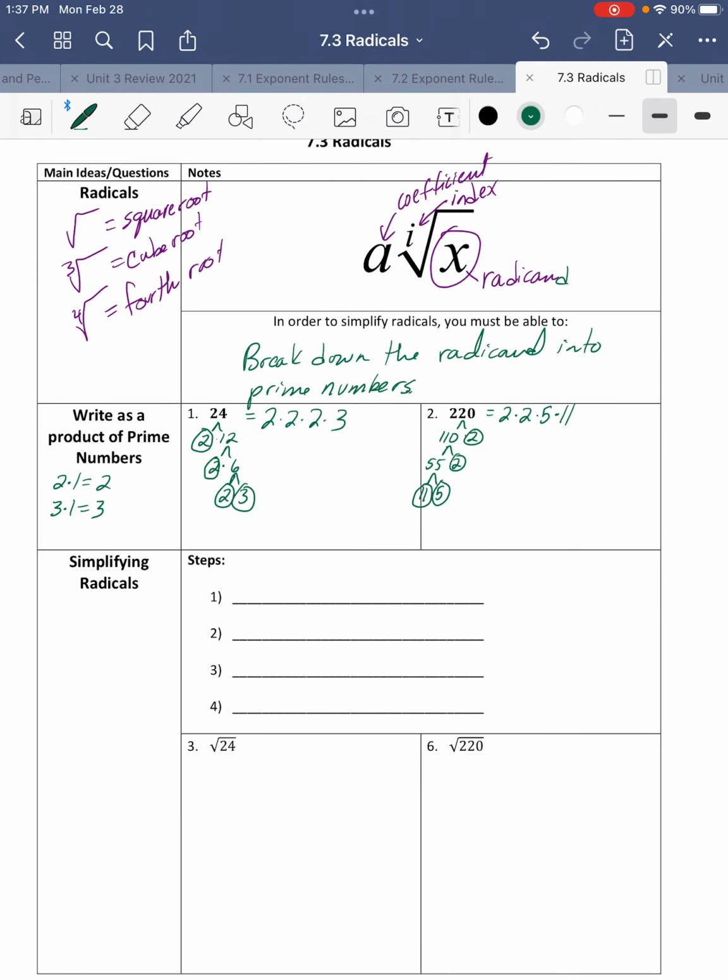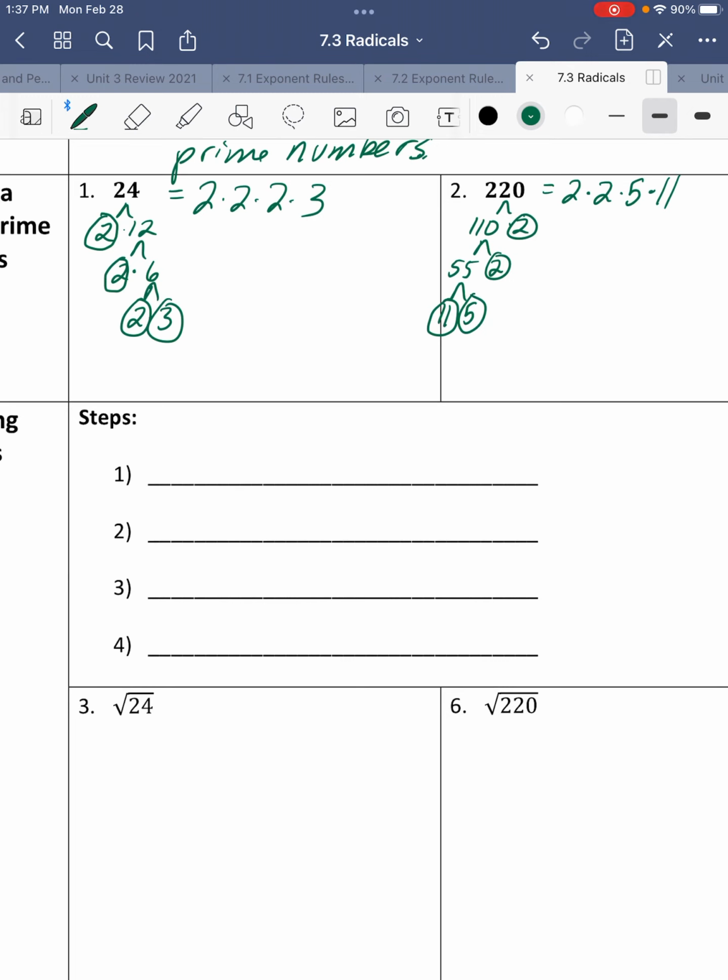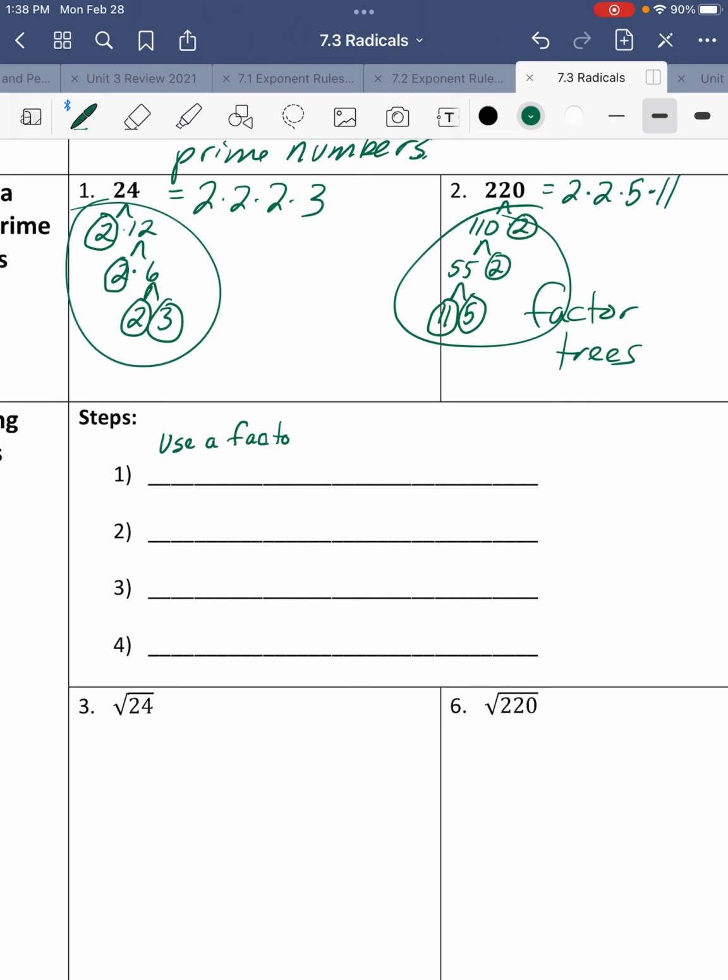All right. If we can do that, we can figure out how to simplify these radicals. So here are our steps. We are going to use a factor tree. These are called factor trees.